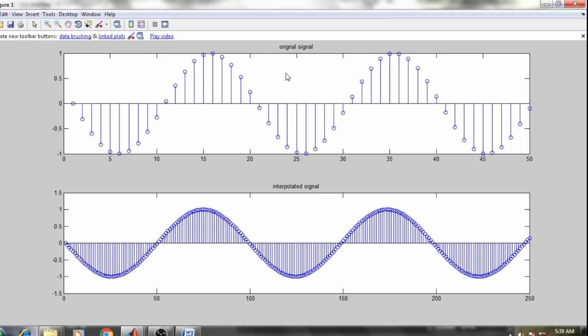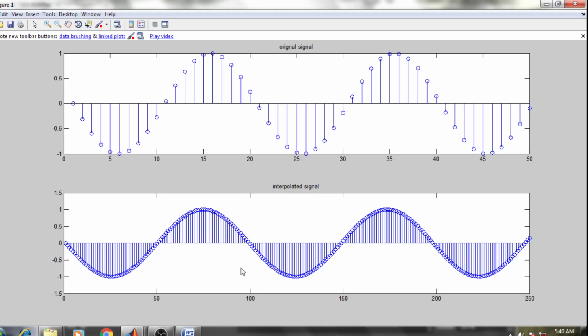The original signal will be there and the interpolated signal will be there. What is the comparison between them? In the original signal, you get the amplitude of the signal at equal distances, and there is a huge space between two amplitude values.